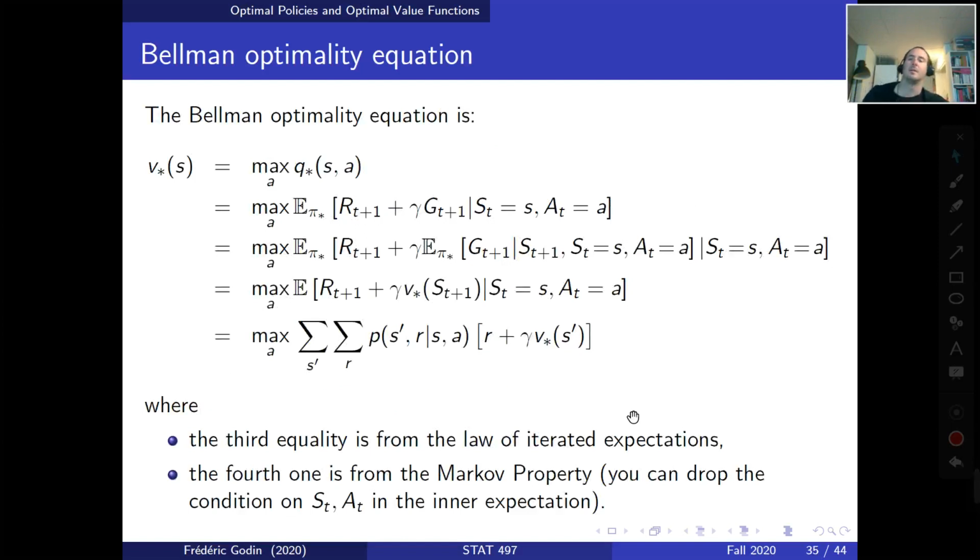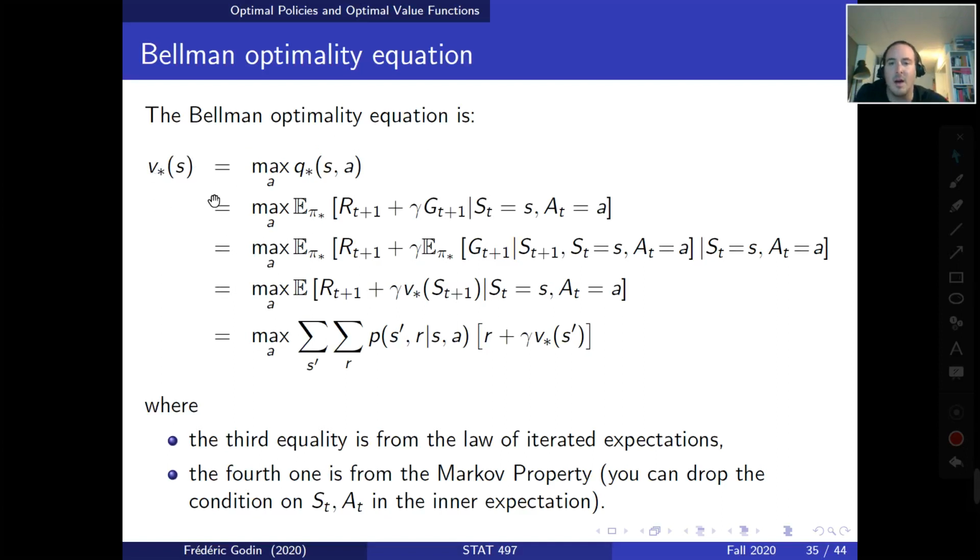So let's see that. Again, this is not a formal proof. If you want to prove that formally, you have to go through some more effort, but this is an intuitive way to understand that.